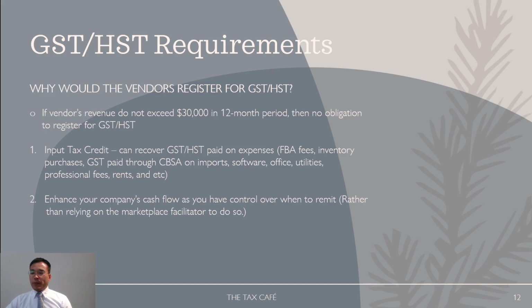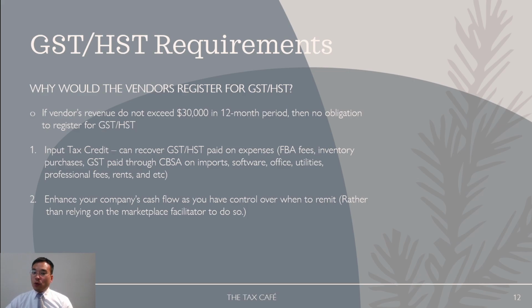So basically, if you bought something to provide to your customers, and you incurred GST on those expenses, you can actually claim those amounts back and offset the payable amounts, and then you remit the remainder. So let's say I charged $5 of GST on a $100 sale.